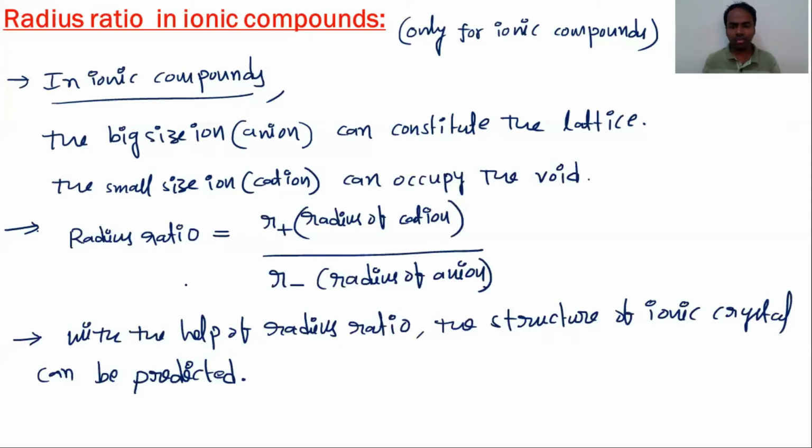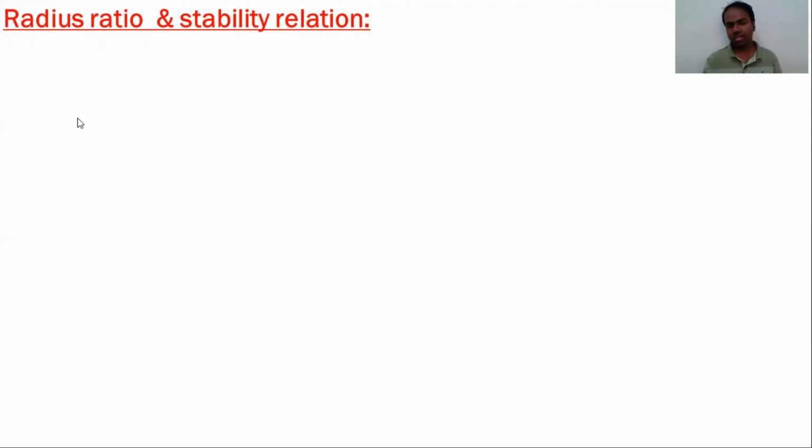I want to tell you one main important use of this radius ratio. From this radius ratio, we can predict whether the arrangement of ions is stable or not. Let us see the relation between radius ratio and stability of an ionic crystal. In general, a large size anion is stabilized with a large size cation.